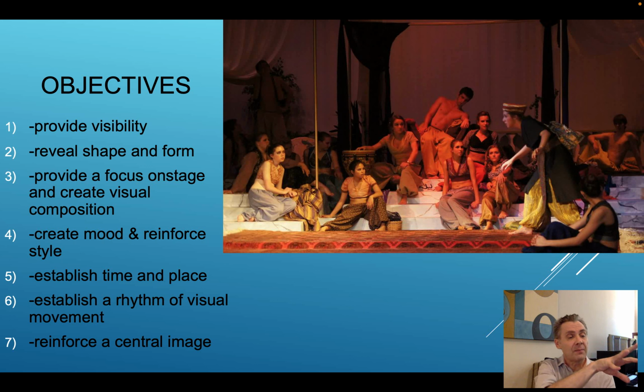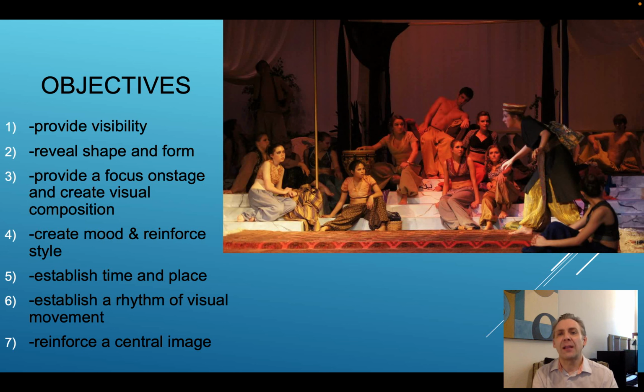Maybe the performer starts over here, and the light's intense here, and the rest of the stage is dark, and as the performer begins to move, the darkness becomes light where the performer is, and behind them that was lit up is now dark, and that continues. So, visual movement. And of course, a reinforcement of a central image of the metaphor.